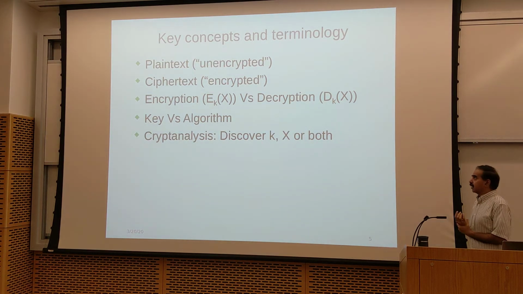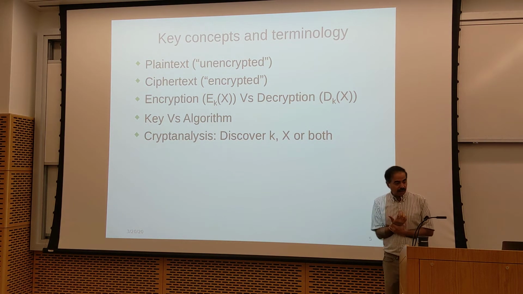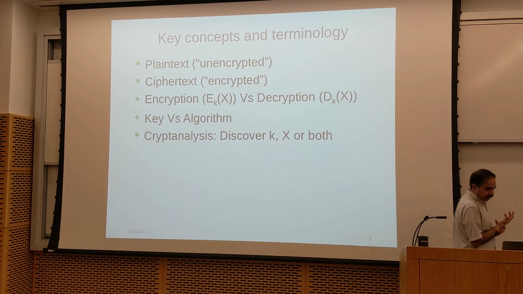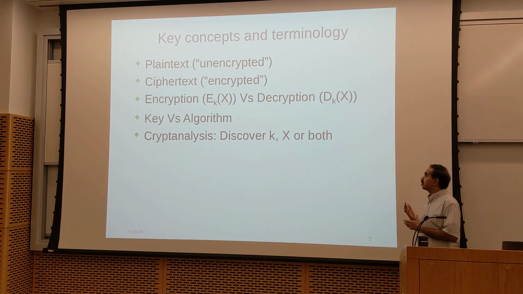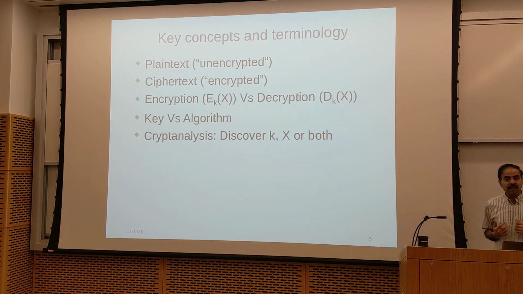Okay, so in the context of cryptography, there are some terms that you should be familiar with. Plain text means it's before encryption, so unencrypted and plain text mean the same thing.